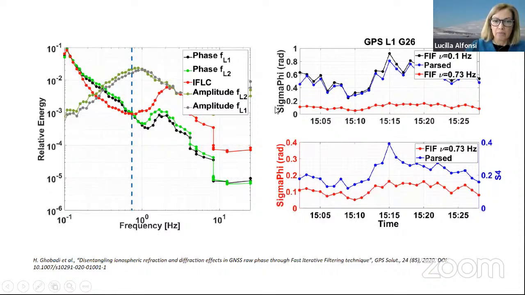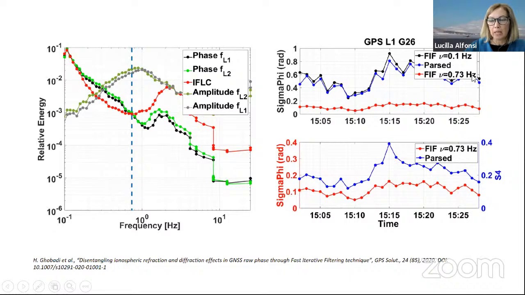Here you can see the result. This is the sigma phi versus time. If you use the cutoff frequency at 0.1 Hertz, as given by default by the scintillation monitor receiver, you obtain the black curve. This is reconstructed by the FIF analysis, and this is what is given by the post-processed data provided by the receiver, the blue curve, so they are in good agreement.